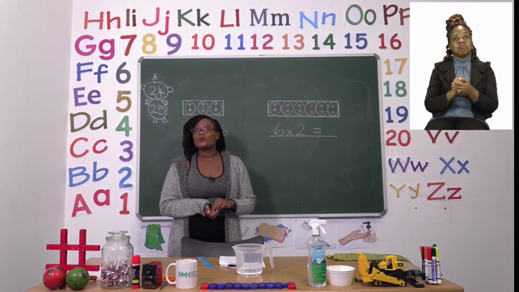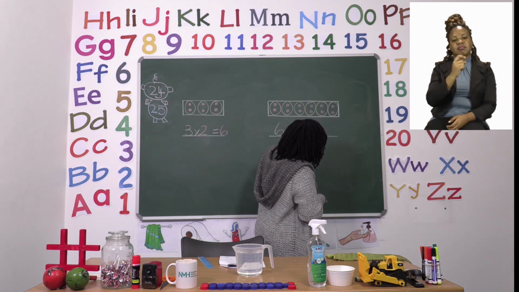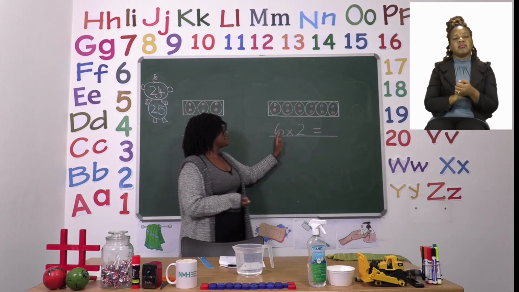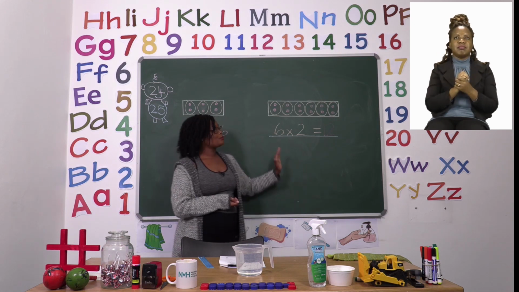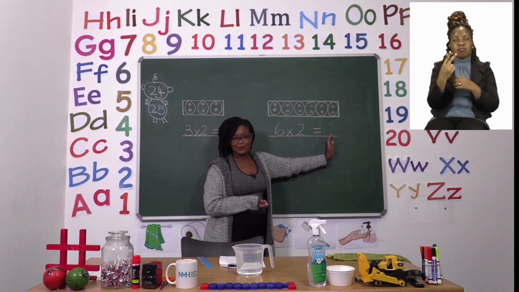So there are 12, which means our answer is going to be 12. Now we know that 6 times 2 equals 12, or 6 groups of 2 equals 12.